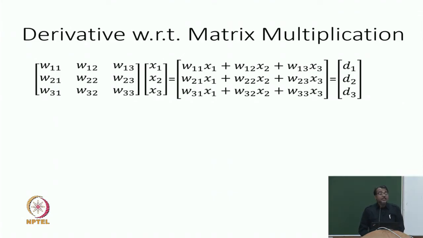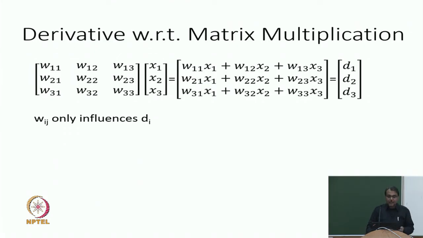Now, the main point to realize is that Wij only influences Di. Okay. So, that is an important aspect, right. So, when we take derivative with respect to Wij, only Di derivative is going to flow back, the Di bar is going to flow back.